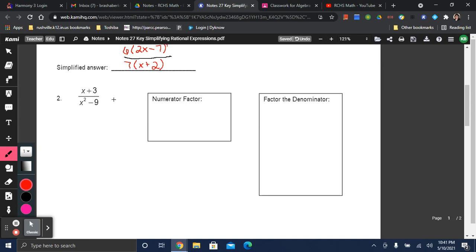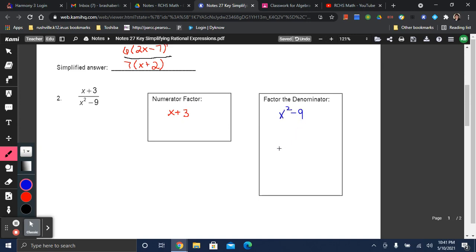So our numerator here does not have any exponents, and therefore I'm just going to write it here, keeping track that this is my numerator. So I have x plus 3, no exponents. I cannot simplify this expression anymore. But my denominator, x to the 2nd minus 9, is something that has an exponent.